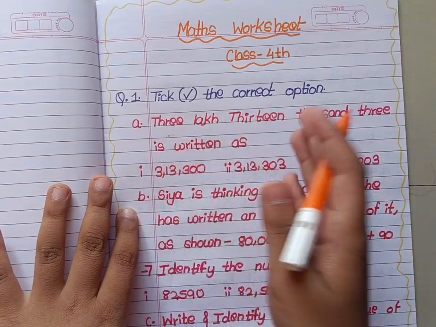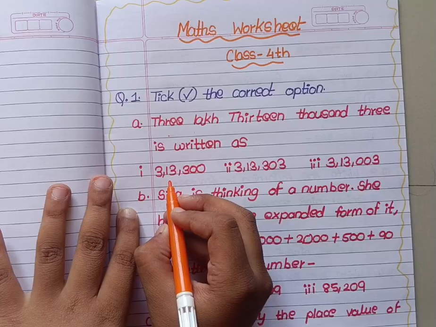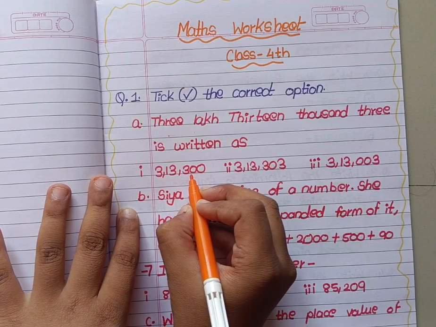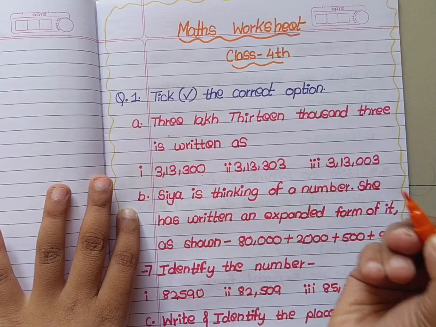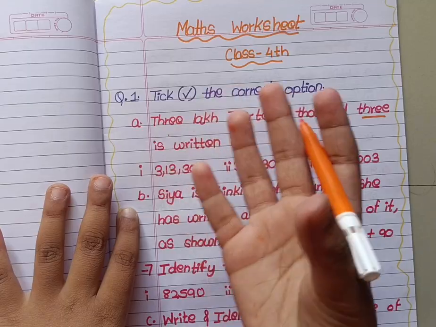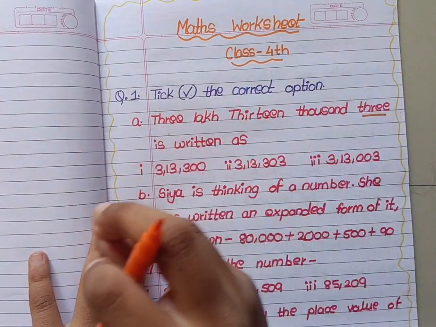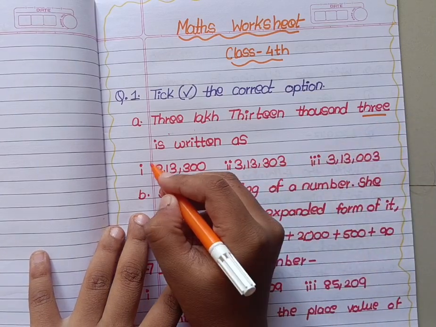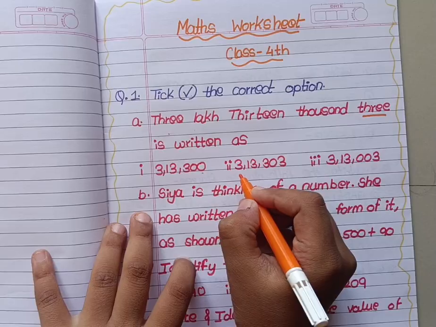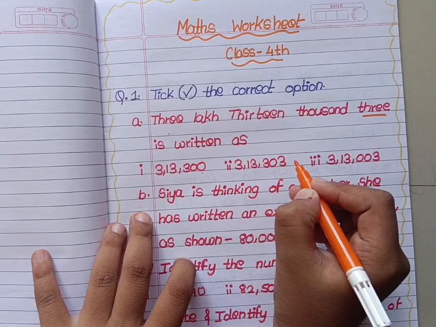So how is 3,13,003 written? Let's look at the first option: 3,13,300. Here 300 is not given, it's just 3, not 30, not 300. So this is the wrong option. Next: 3,13,303.